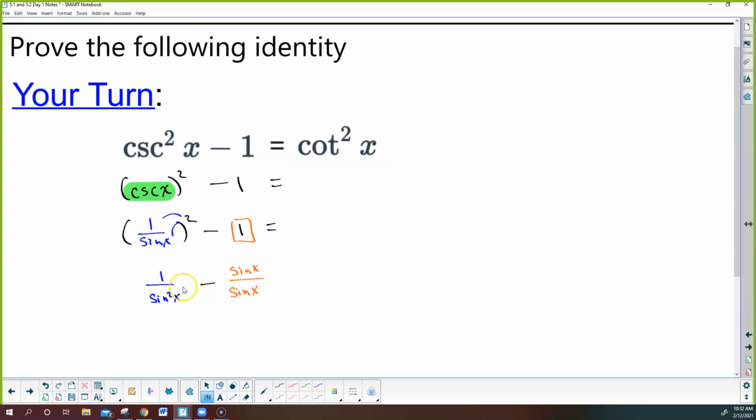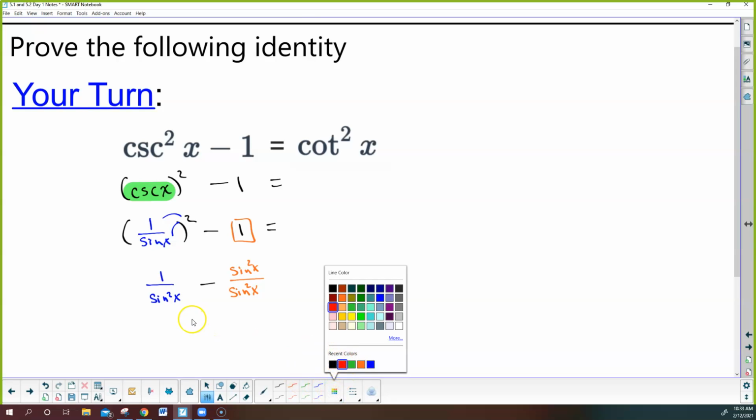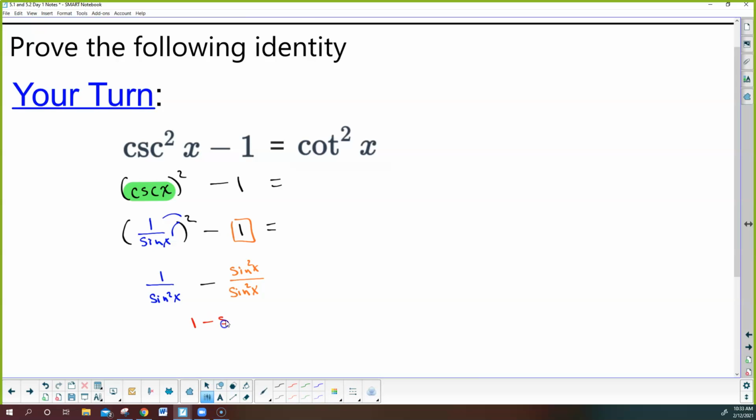And since I'm writing this myself, instead of making it sine, let's say sine squared over sine squared, right? Sine squared over sine squared is still 1, but now I have the same denominator. And what this turns into then is 1 minus sine squared up top, and we're going to keep the denominator the same.